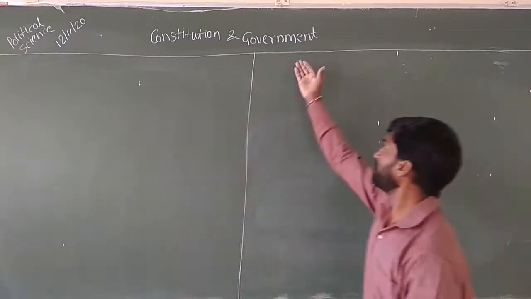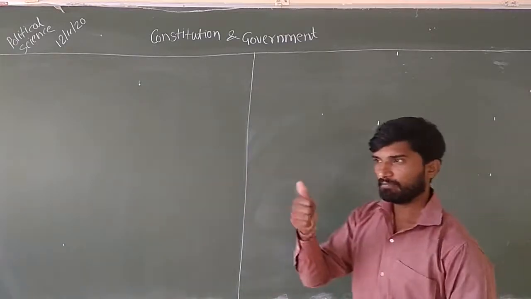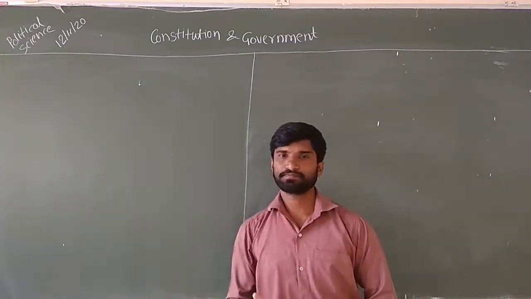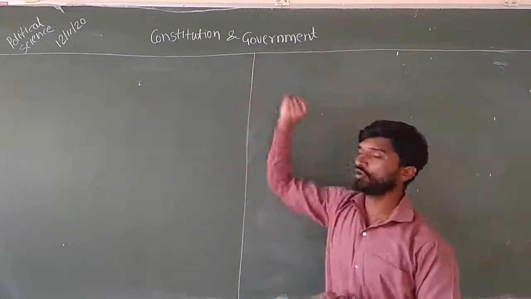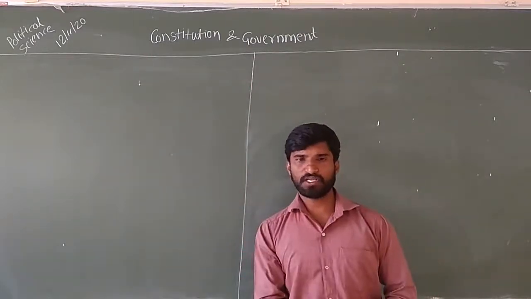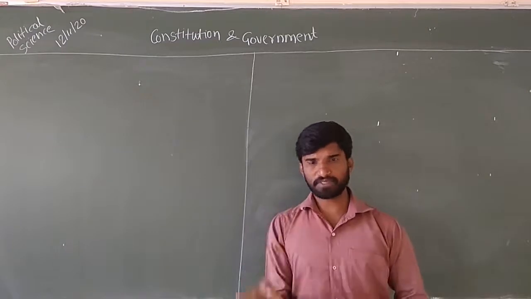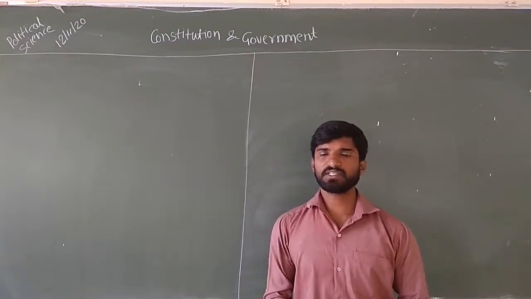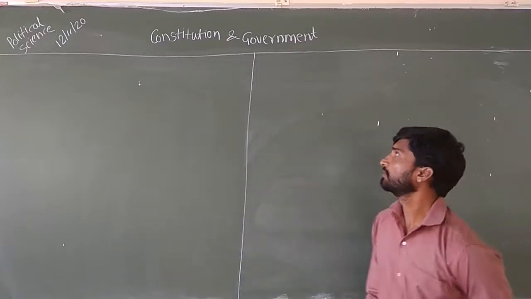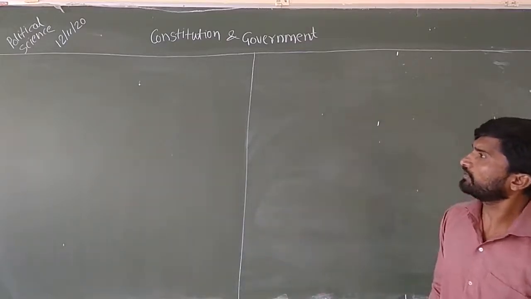So in the second part on government, we will study the meaning, definition, and different features of different types of government: democratic and dictatorial, parliamentary and presidential, unitary and federal. These are the different forms of government we will study.